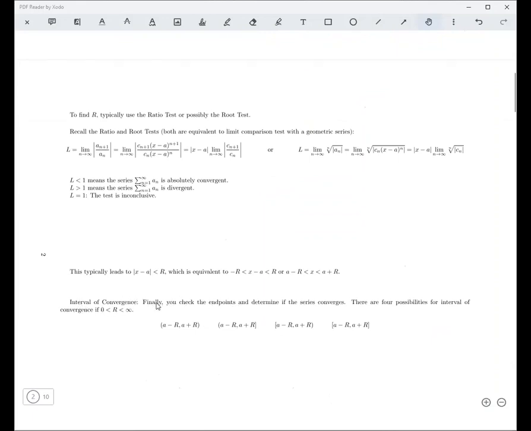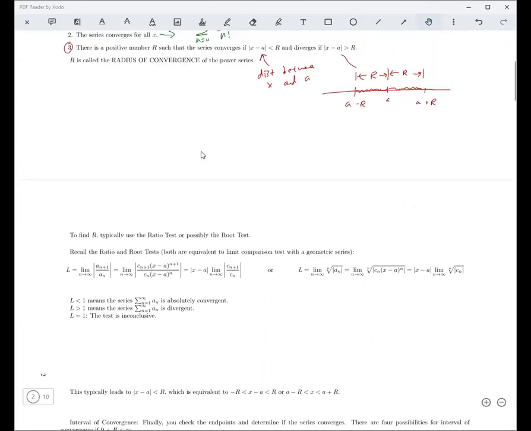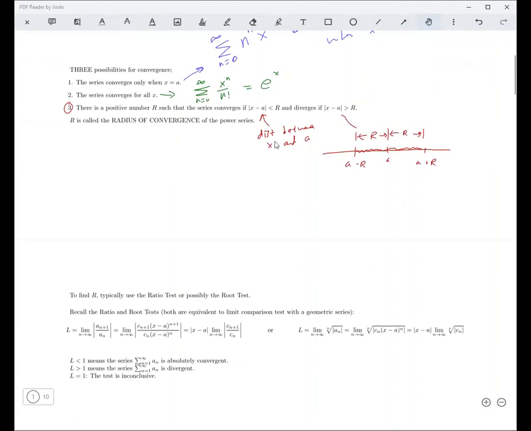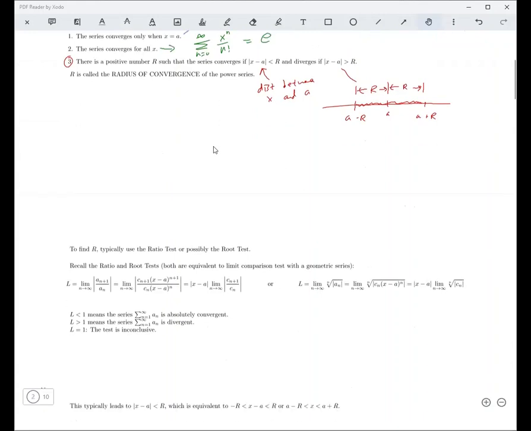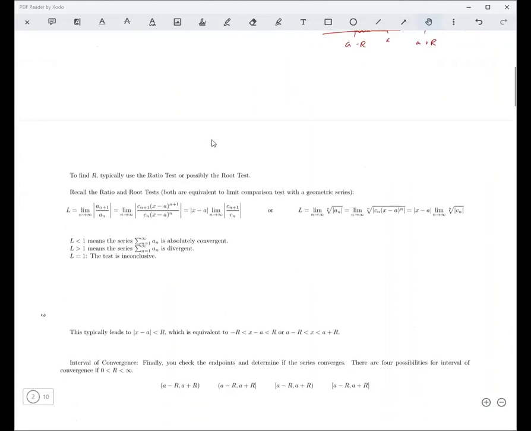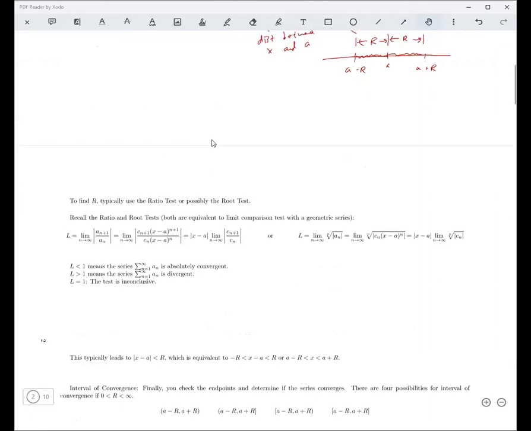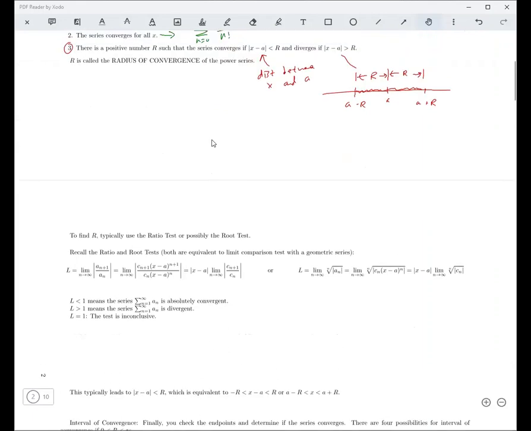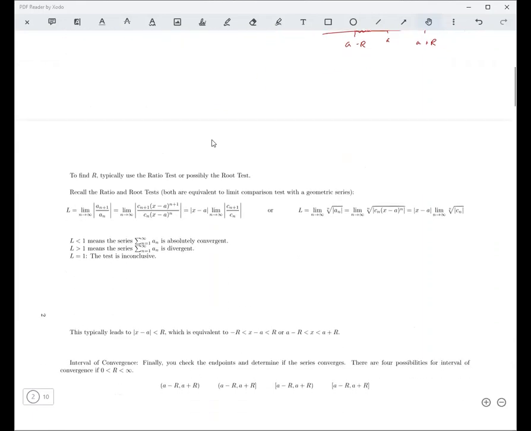Okay, so what you typically would do to find the radius of convergence, there's a couple of tools. There's more tools, but there's two to just kind of help you get started with in this section, which are the main ones, the standard ones. The ratio test and the root test is you use this to find r.